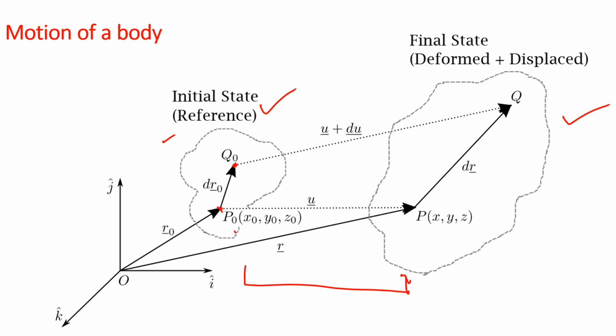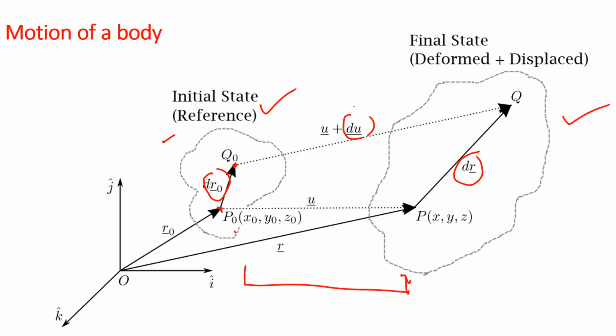P has undergone a deformation of U. And the original length between P and Q was dr0 vector, and the new PQ is represented by dr. Since P has undergone a deformation of U, Q0 has undergone a deformation of U plus du, a small increment. dr is an infinitesimal quantity, dr0 is an infinitesimal quantity, and du is also an infinitesimal quantity. All right.